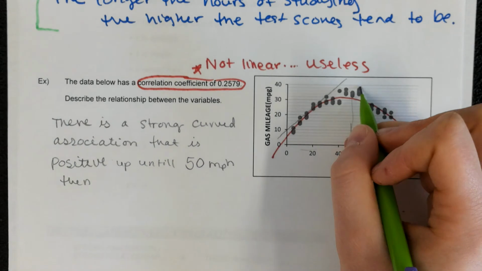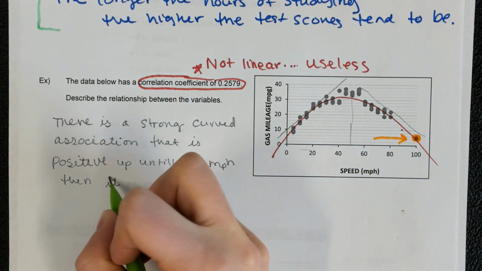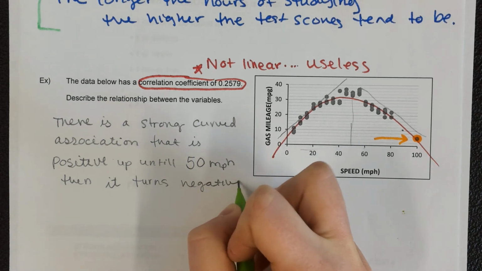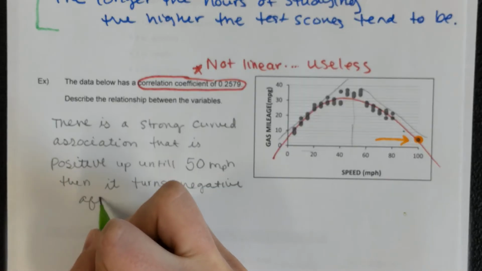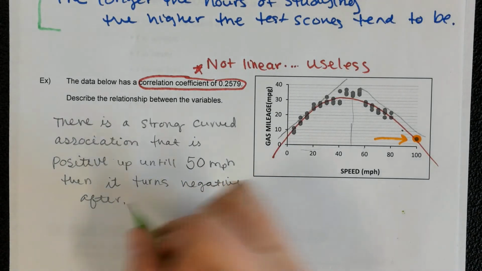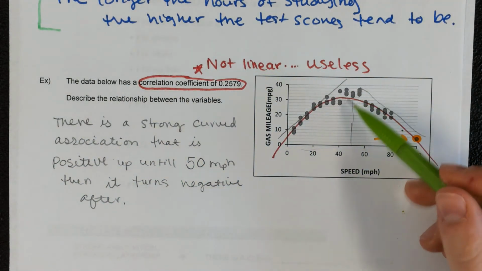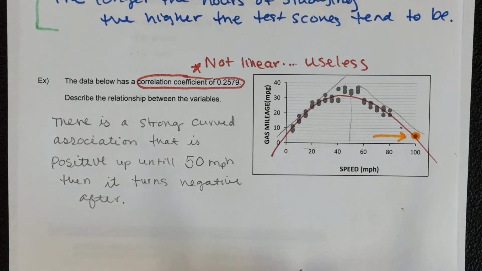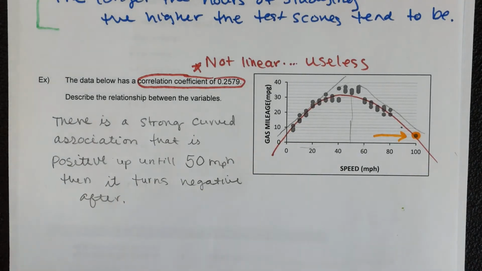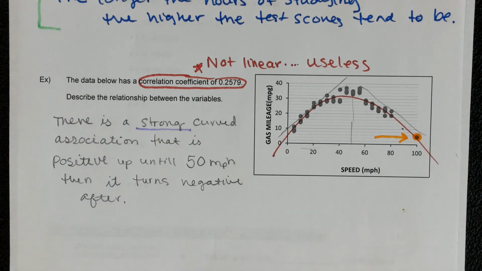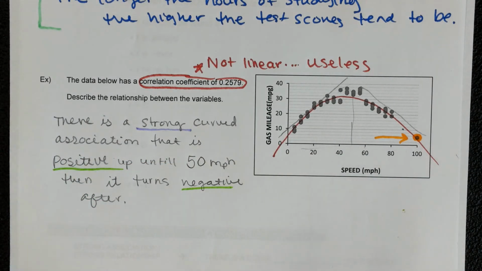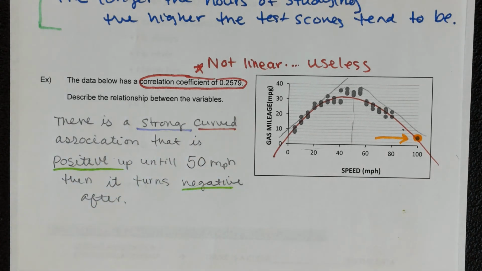Here's a positive way, negative. You could say after 50 miles per hour, but after you get to this point, it's positive, then after it's negative. Okay? And so we've mentioned our strength, right? We've said it's strong. We've said the direction. We've said it's positive and negative at certain points. And we've also said that it's curved. So far so good. Form, strength, and direction.